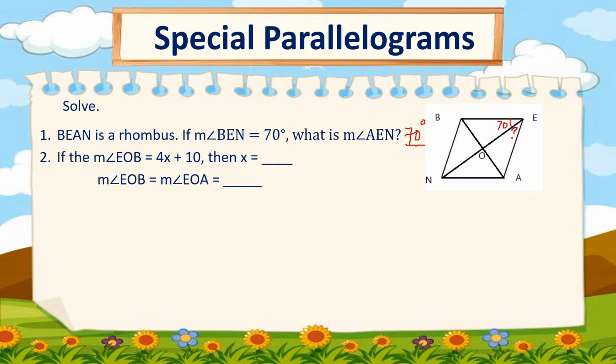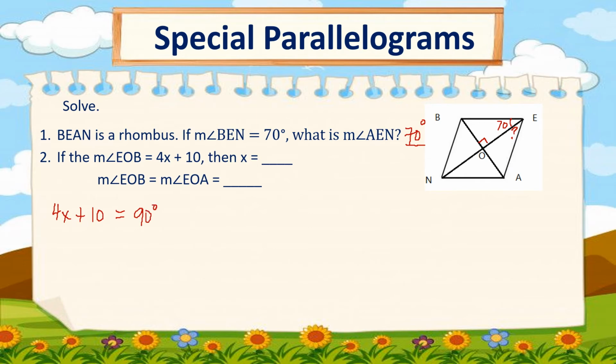Number 2. If the measure of angle EOB is 4x plus 10, where is angle EOB? Here is angle EOB. The measure is 4x plus 10. Then what is the value of x? We have learned that the diagonals of a rhombus are perpendicular. So we can say that if the measure of angle EOB is equal to 4x plus 10, we can equate it to 90 degrees.